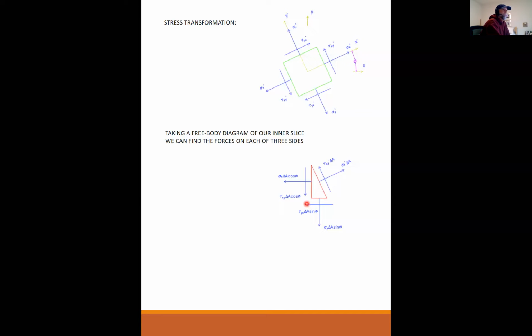So you see, we have one free body diagram that has the transformed normal stress, sigma x prime, the transformed shear stress, tau xy prime, and also my original sigma y, tau yx, and sigma x. So this free body diagram is relating my original stresses to my transformed stresses.